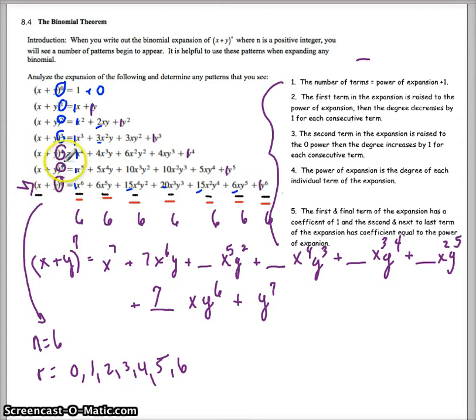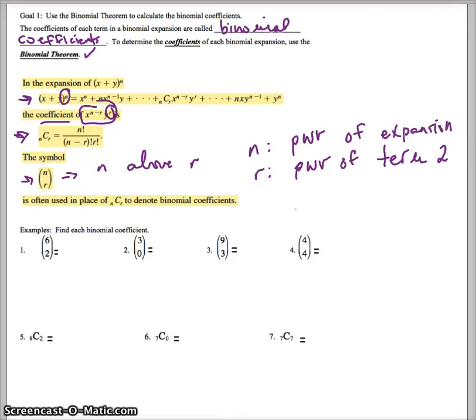And for x plus y to the 5th, n is 5, and r is 0, 1, 2, 3, 4, 5. And for x plus y to the 2nd, n is 2, and r is 0, 1, 2. So you see that r changes from term to term. So r is dependent upon the term that we have.